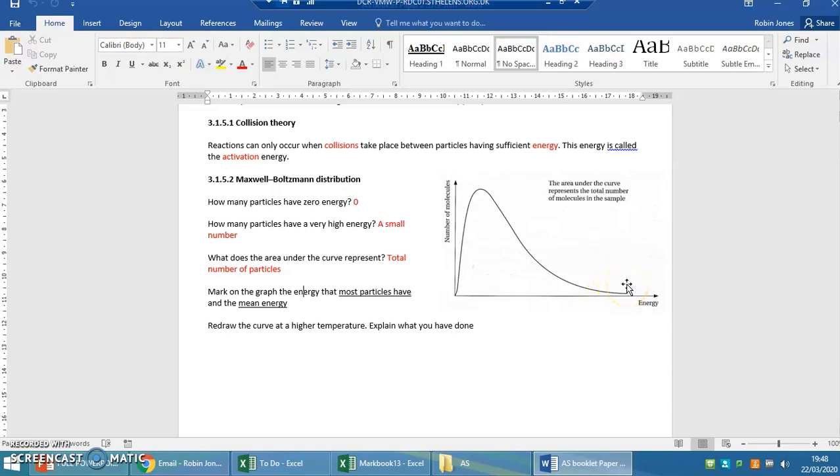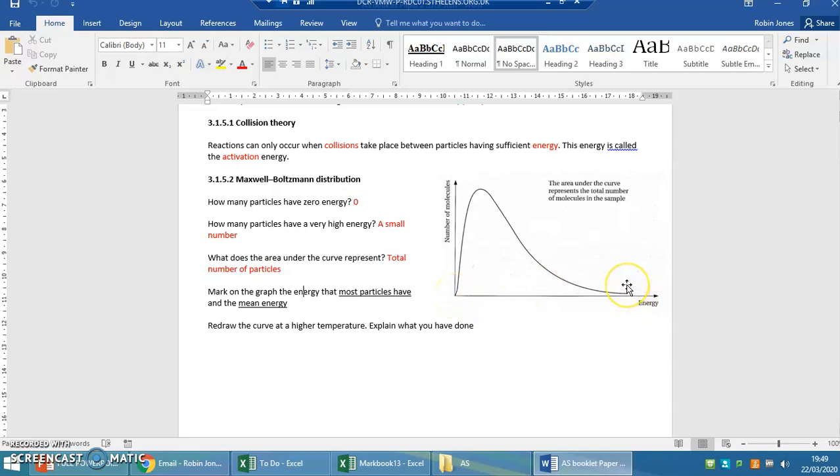However, there's an interesting point to note. The peak at a higher temperature is lower, so it comes up here to about here, not as high as the other peak, and then comes down and ends up higher than that line there. To try and explain that, no particles have no energy, that's why it goes through 0, 0.